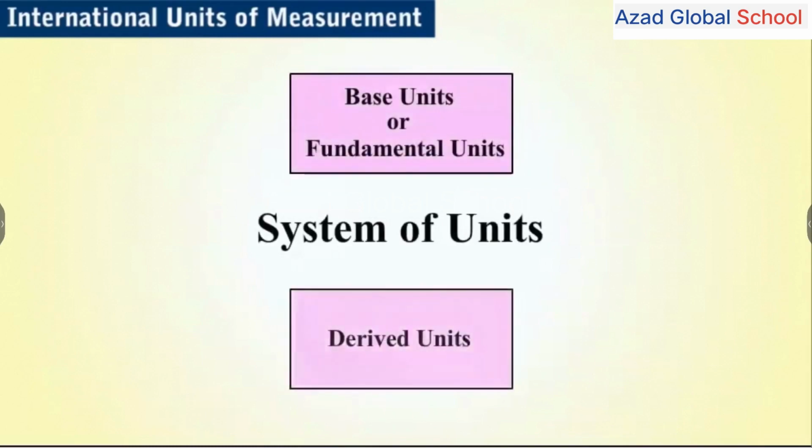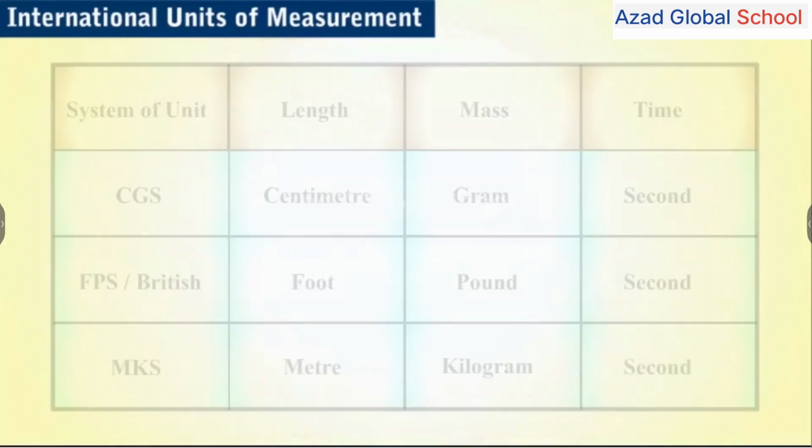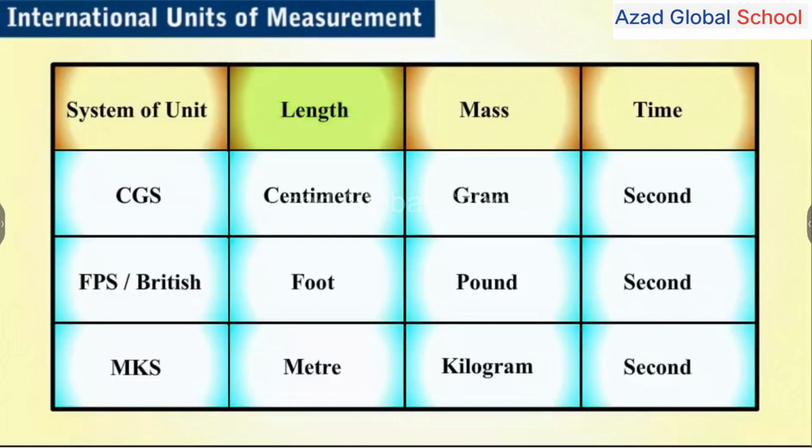Base units and derived units together make up a system of units. A system of units is a generally accepted set of units of measurements. Until recently, three major systems of units were in use in different countries, based on the units of three fundamental quantities, namely length, mass, and time.